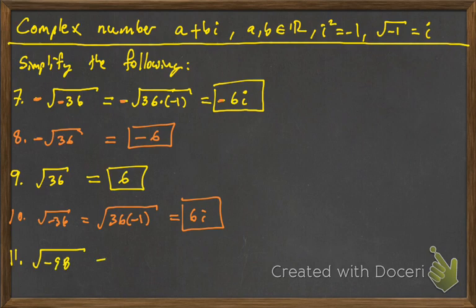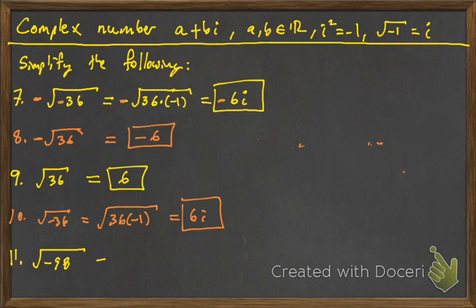Okay, how about the square root of negative 98? Okay, so if we go 1, 4, 9, 16, 25, 36, 49, 64, 81, 100, 98 fits here. So we just need to try everything before that, and it's going to end up being 49. 49 times 2 is going to be 98.